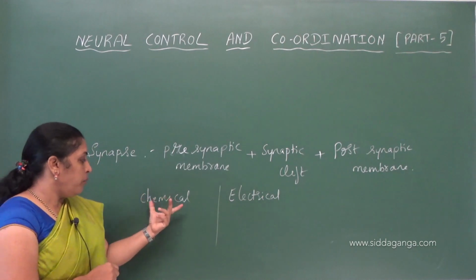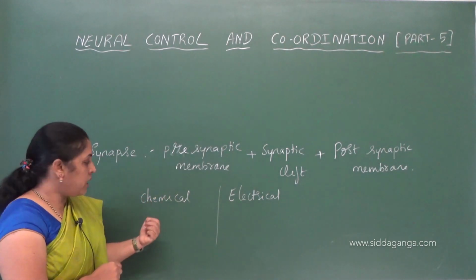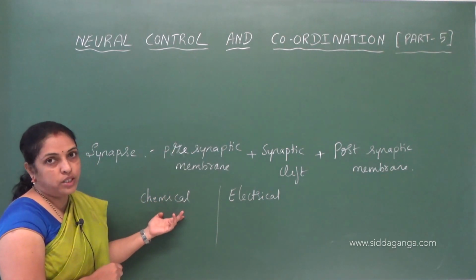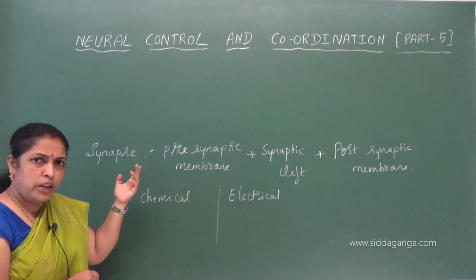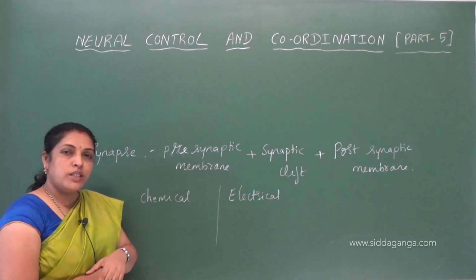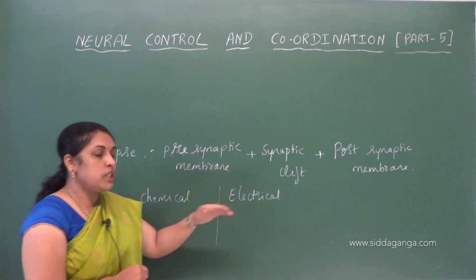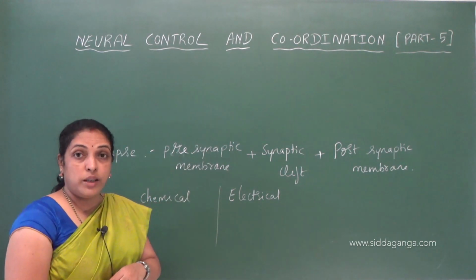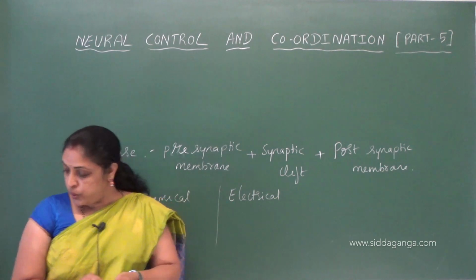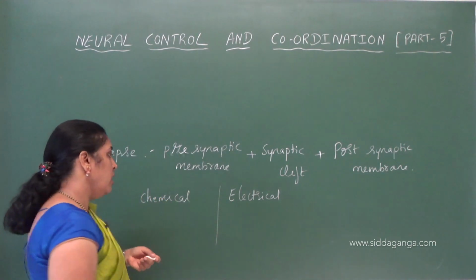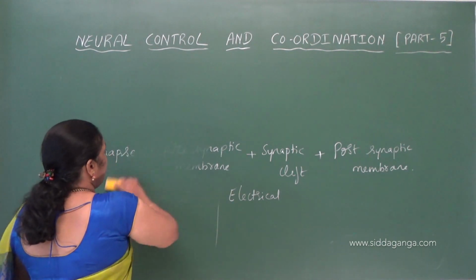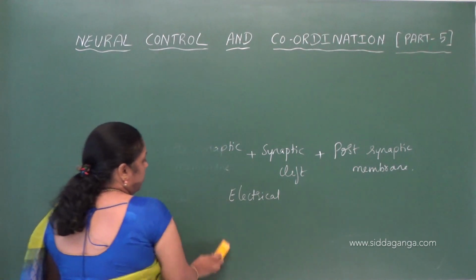But in higher vertebrates we see chemical synapses only. In very few areas we see electrical synapses. Electrical synapses are seen in invertebrates. So that's the difference between chemical and electrical synapses. Today we will discuss properties of neuron.